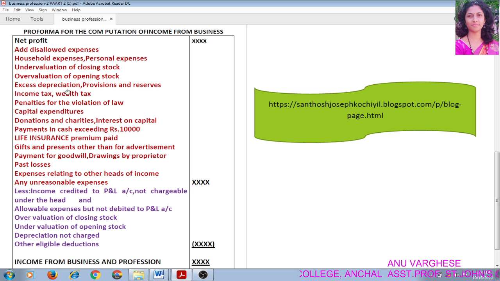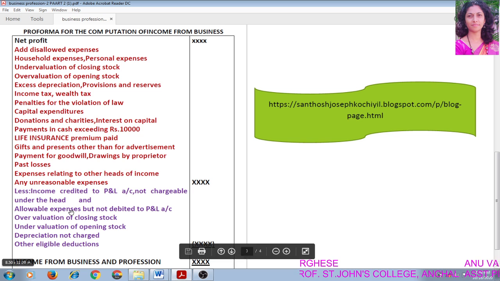If there is an excess depreciation, all provisions and reserves, income tax, wealth tax, penalties for the violation of law, all capital expenditures, all donations, interest on capital, payments in cash exceeding rupees 10,000, life insurance premium paid because this is a personal expenditure, gift and presents other than for advertisement, then payment for goodwill, drawings by proprietor, past losses, expenses relating to other heads of income, and any unreasonable expenses. Such types of expenses are disallowed expenses.